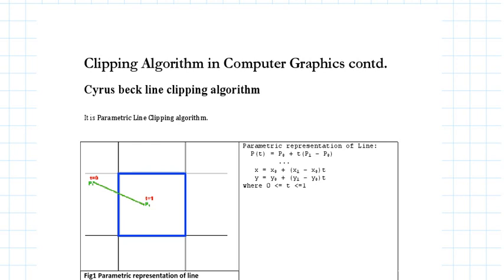To understand this, let me explicitly define the coordinates for P0 and P1.